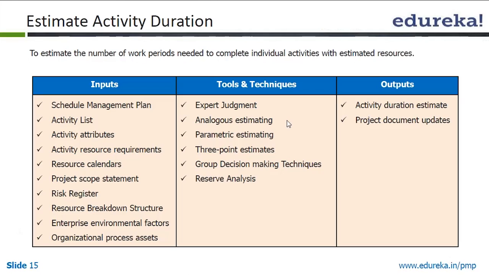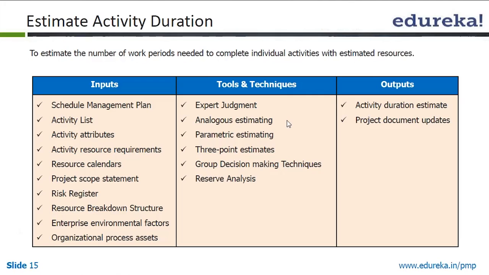Then we use parametric estimation, where along with historical data we also use some kind of formula. For example, the previous project and current project are similar, however the current project is slightly more difficult than the previous one. So you add 25% to the previous project estimate and use that as your estimate for the new project. That becomes your parametric estimate.